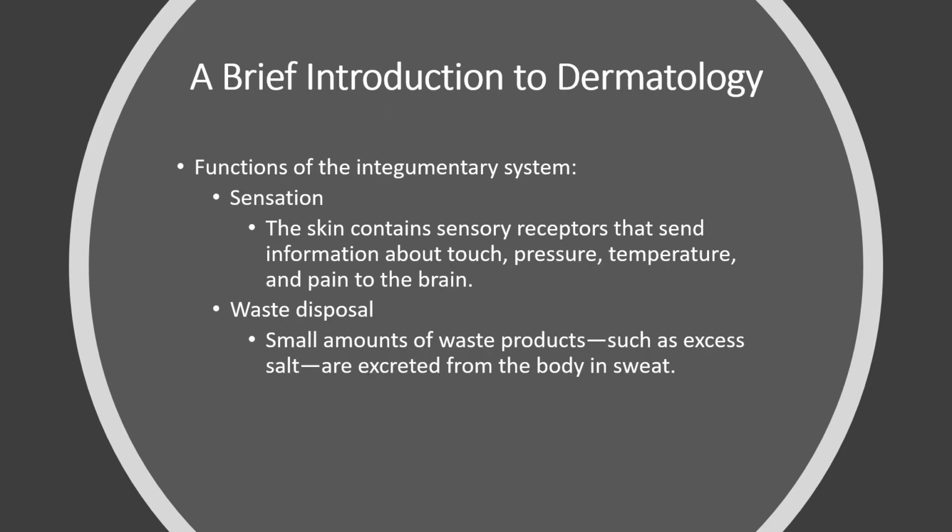As for sensation, the skin contains sensory receptors that send information about touch, pressure, temperature, and pain to the brain. And we're going to learn more about this when we learn about the nervous system. And then waste disposal. You probably didn't even think about this when it came to the skin, but small amounts of waste products, such as excess salt, are going to be excreted from the body in sweat.